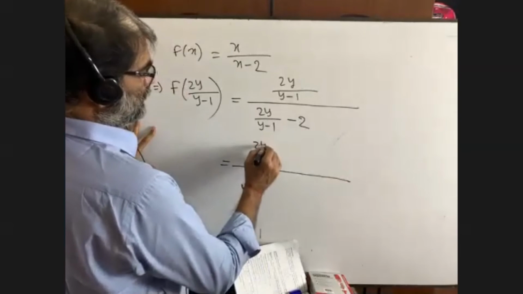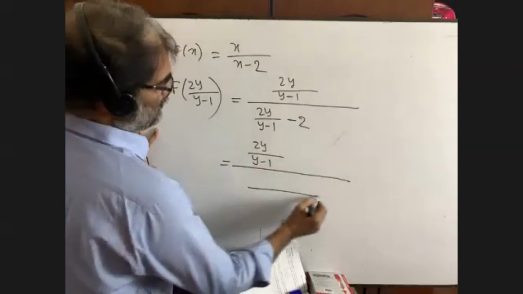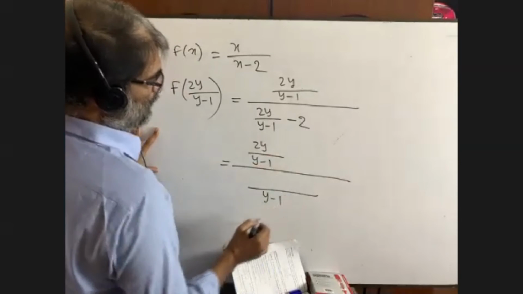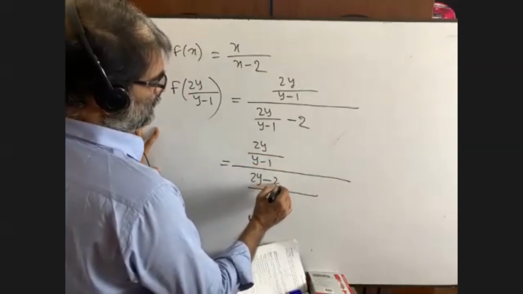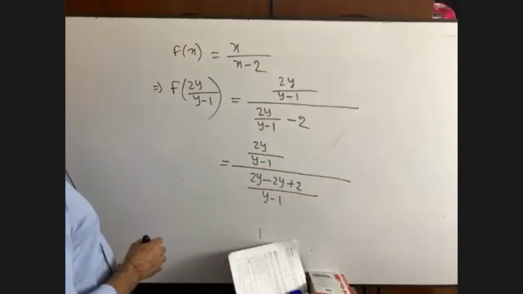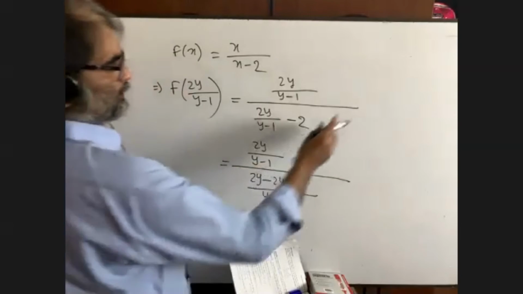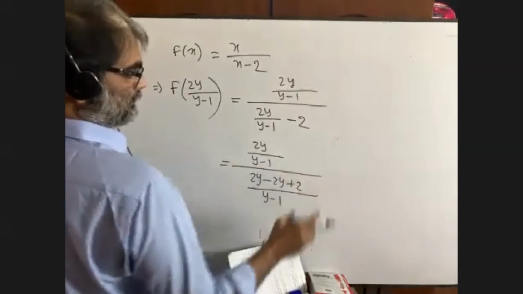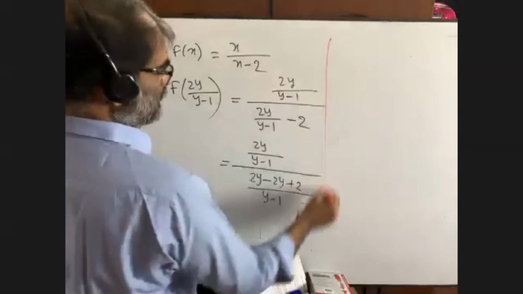It is 2y by y minus 1, LCM y minus 1, 2y by 2y plus 2. Is it? Then actually what is happening here?